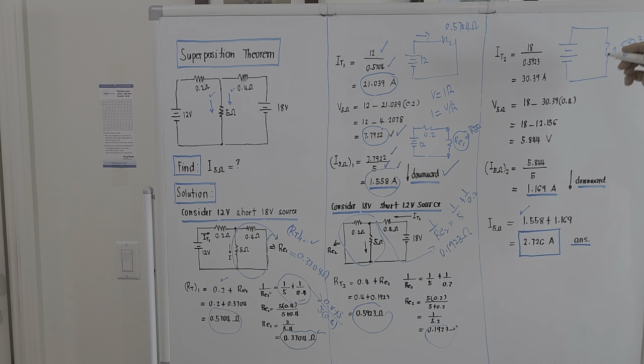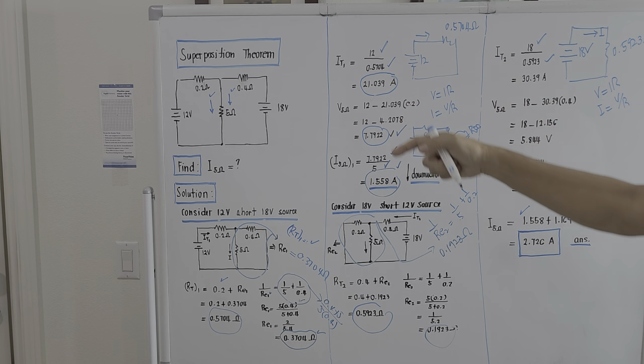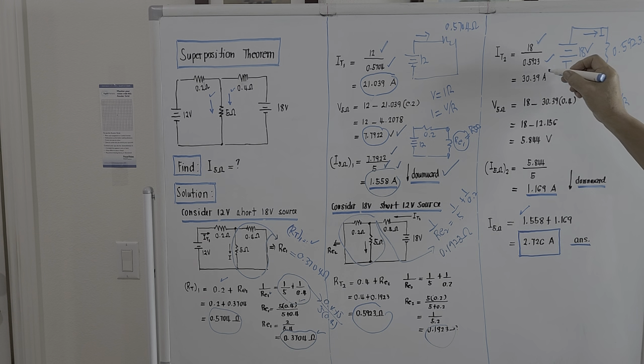The total single equivalent, and this is 18 volts. If this is 18 volts and this is 0.5923 ohms, we could compute for the current delivered by this. Voltage equal to IR, therefore current will be voltage over R. The current delivered by the 18 volt source will be 30.39 amperes.